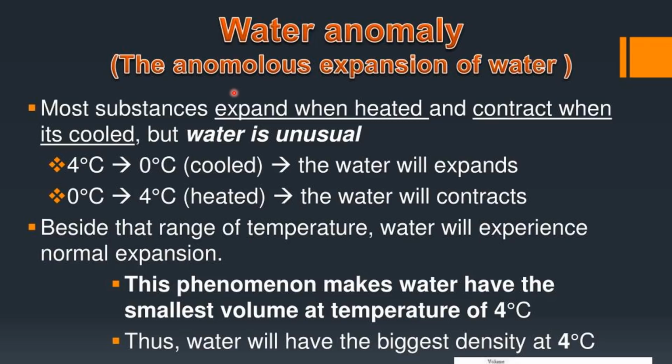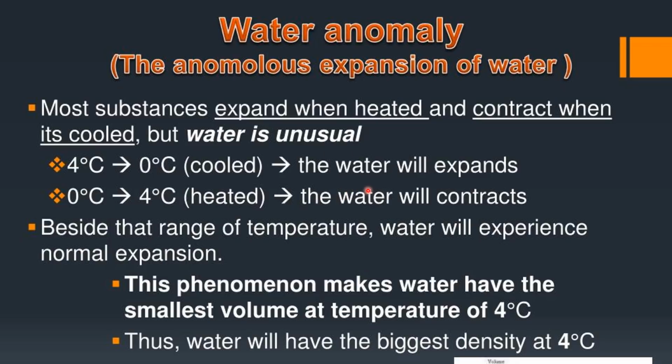But there is an exception. There are certain substances like water which, when heated within a certain range of temperature, contract, whereas they expand on cooling, and water is one such substance.